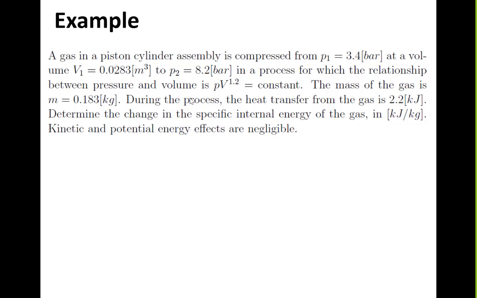We're told the mass of the gas is constant at a particular value, and that during the process, heat transfer from the gas is 2.2 kilojoules. We're asked to find the change in the specific internal energy of the gas in kilojoules per kilogram, and we're told that kinetic and potential energy effects can be neglected.